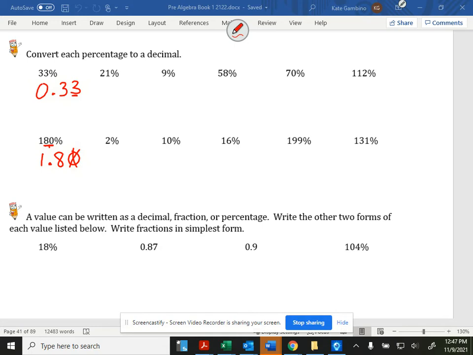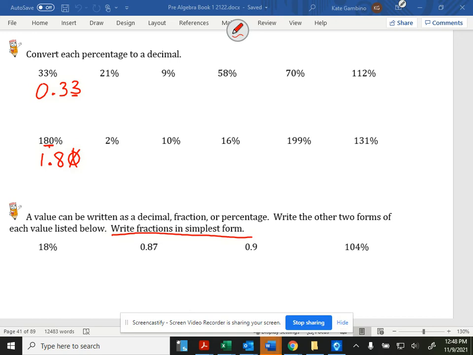A value can be written as a decimal, fraction, or percentage. Write the other two forms of each value listed below. Write the fractions in simplest form. So this is going back and reviewing what we've been working on in these last few objectives. Because you need to always remember how to do stuff that we just worked on.